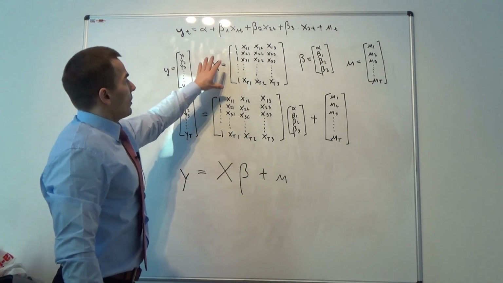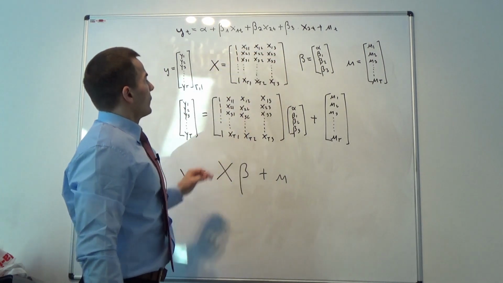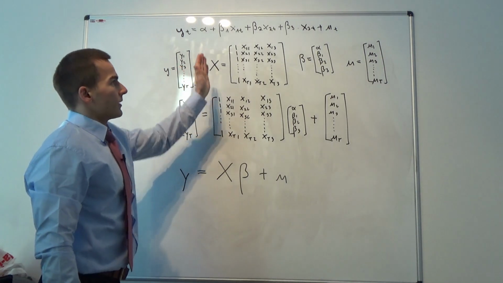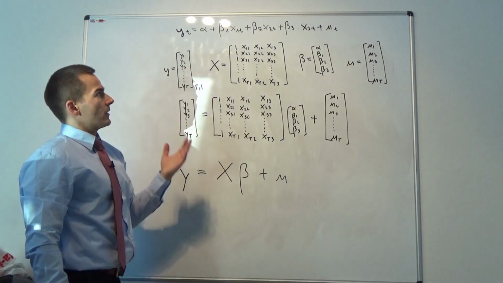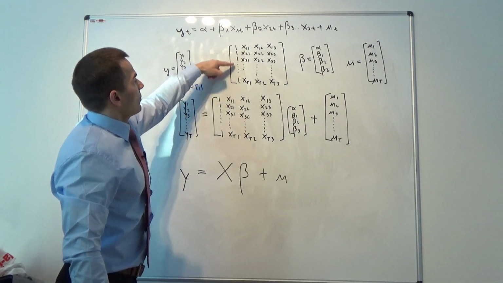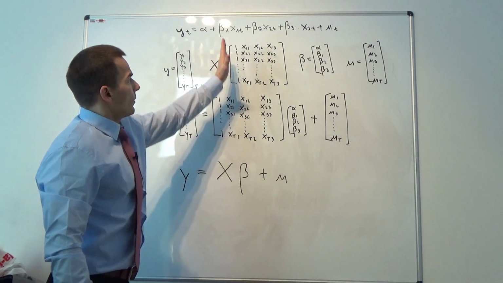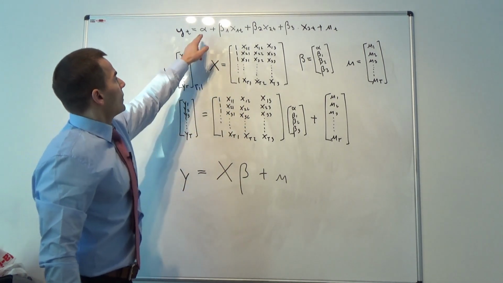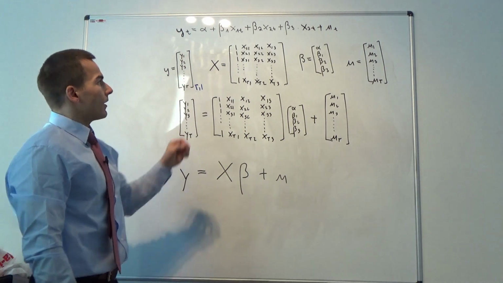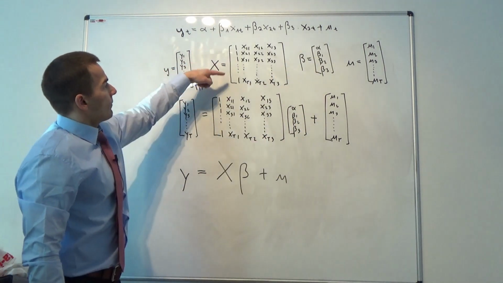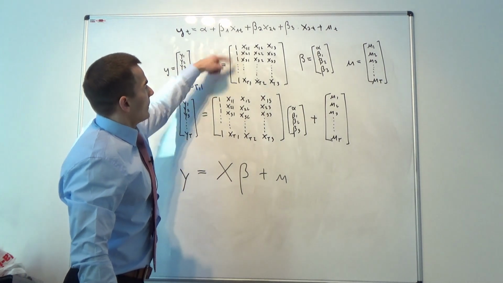We can also construct an X matrix, where we stack in all the corresponding regressors that we consider. We have here a vector of ones in the first column of our X matrix, and this corresponds to the intercept term alpha. So we have capital T ones in the first column.